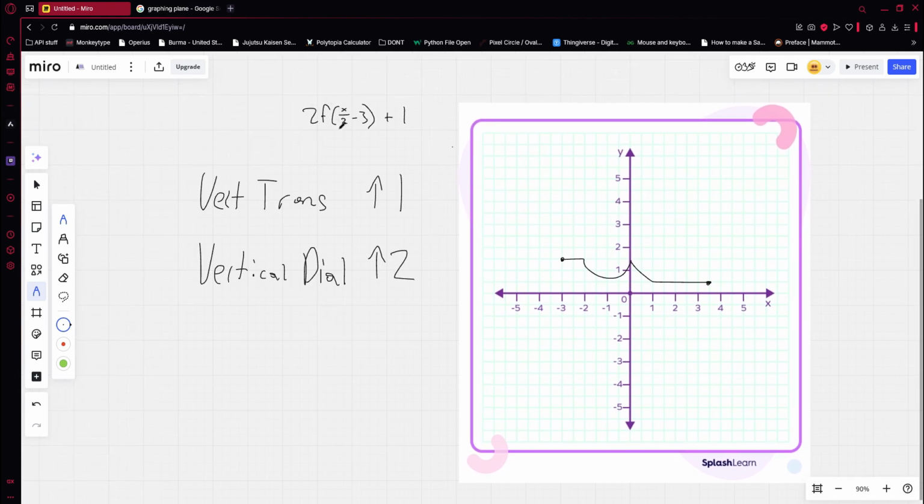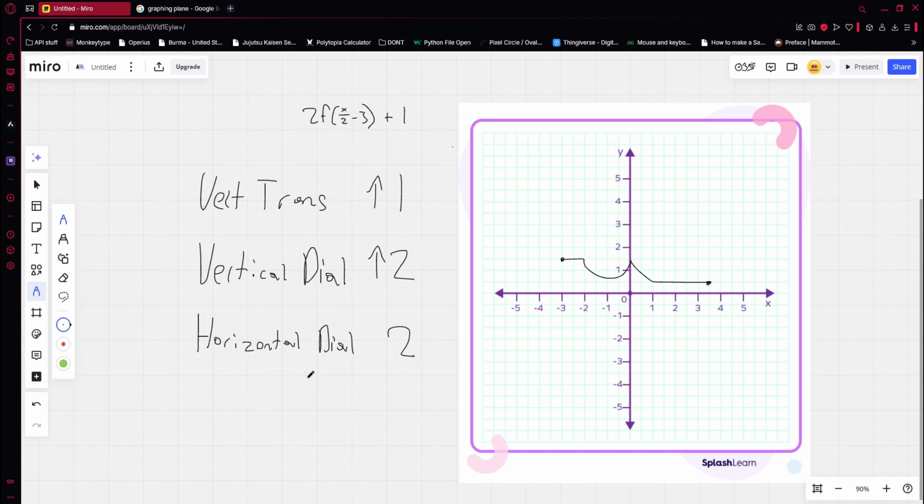Now let's go into this function here. X over 2, that is a horizontal dilation. It's tempting to put by a factor of 1 over 2, but you have to remember, the dilation factor is the distance, not the speed. If you're going at a lower speed, you have to flip it so that you're going for a longer distance.